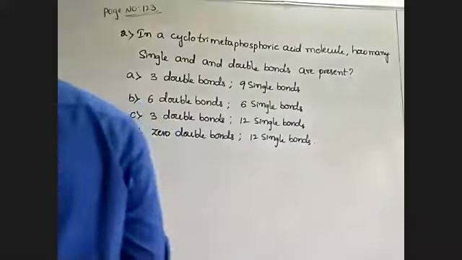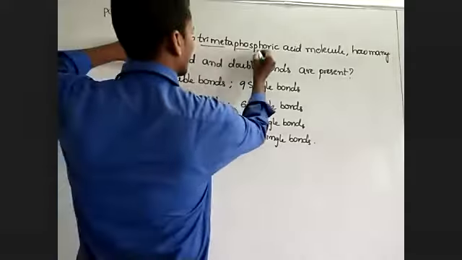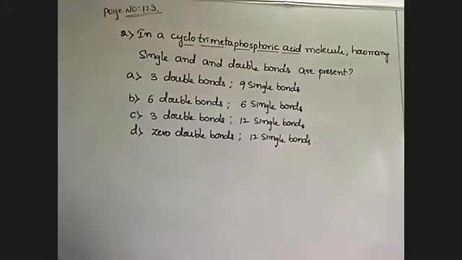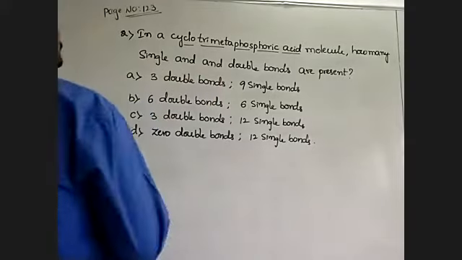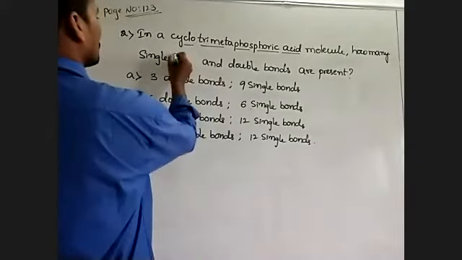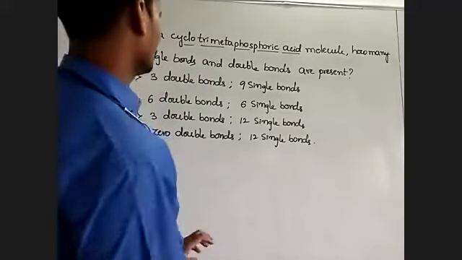Right. So what is the question here? In a cyclo-trimetaphosphoric acid molecule, how many single bonds and double bonds are present here?